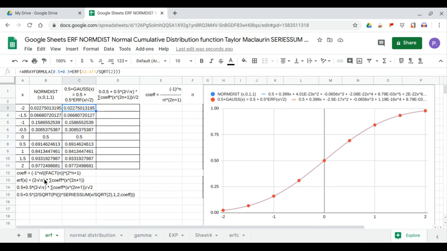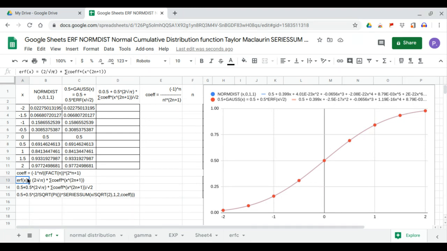The error function can be expanded using the Taylor and Maclaurin series. So we have the formula of the error function equals 2 over square root of pi times the summation of the coefficient times x to the power 2n plus 1.